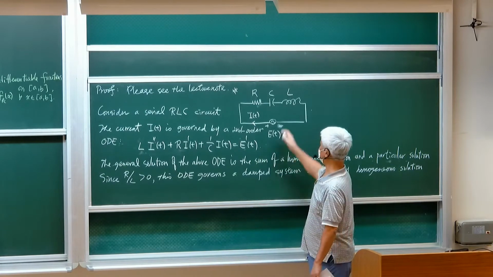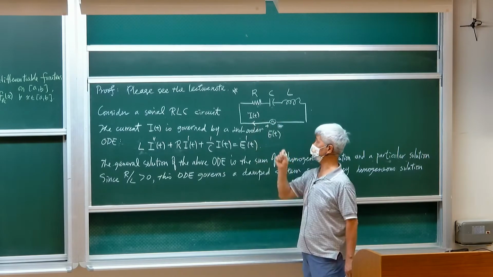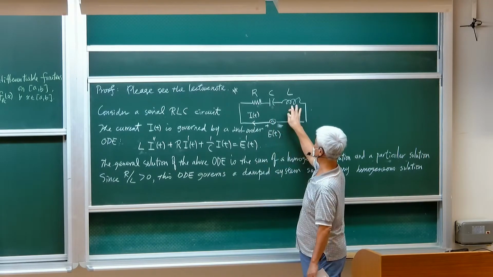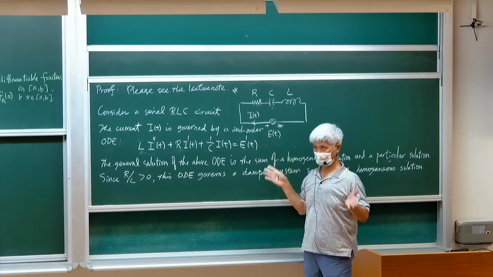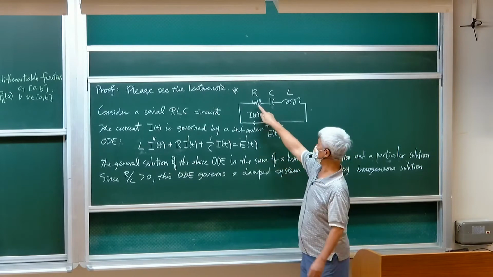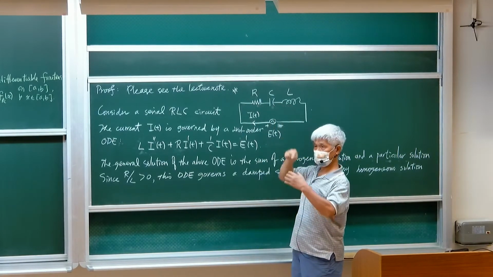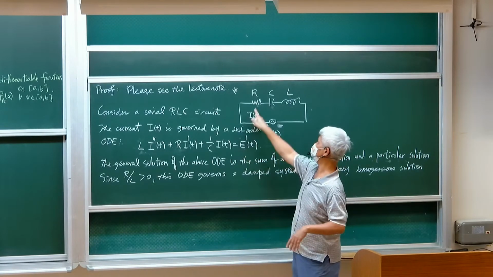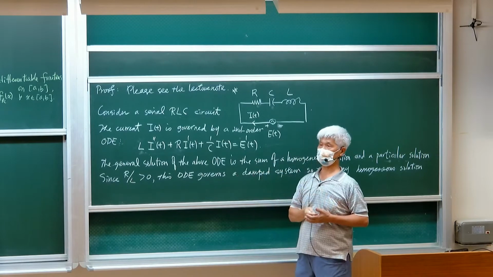But if you have initial energy at the time t equals 0 in the capacitor or inductor, then of course you have a current flow. But because of the resistance, all the electrical energy will dissipate through the resistance into thermal energy.